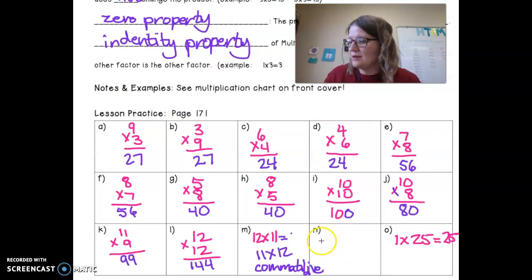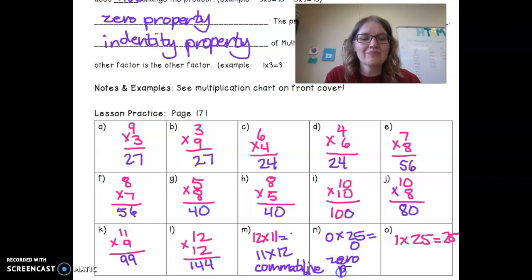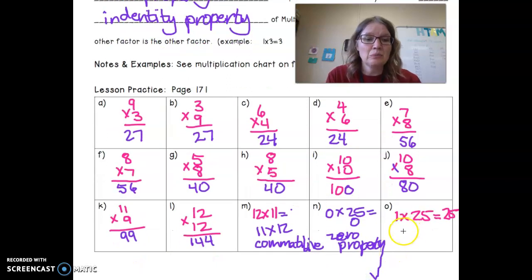Then in letter N, they want you to know that 0 times anything, in this situation 25, equals 0, and this is the zero property. And finally, 1 times anything equals the number that you've multiplied 1 by, and that is the property of identity.